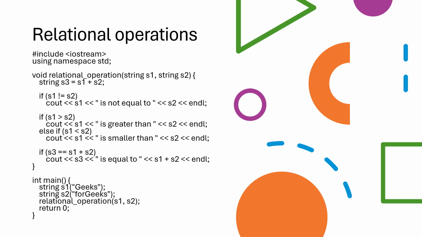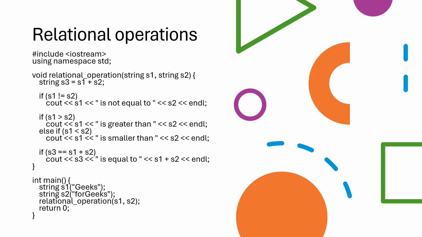Next we use the comparison. In the if statement, we check whether s1 is not equal to s2, and using the cout statement it displays that s1 is not equal to s2.